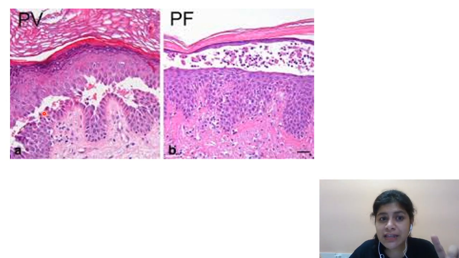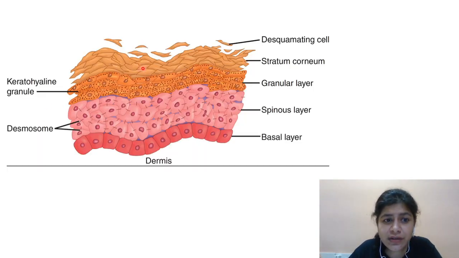Now, in pemphigus foliaceus, the blister is very superficial. Where is it? It is situated somewhere here, just below the stratum corneum, correct? So when the blister in pemphigus foliaceus is situated immediately below the stratum corneum, it's going to be very fragile. It will not even be flaccid, it will be very, very fragile.